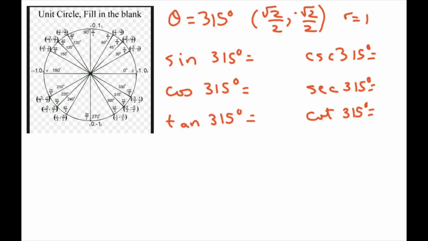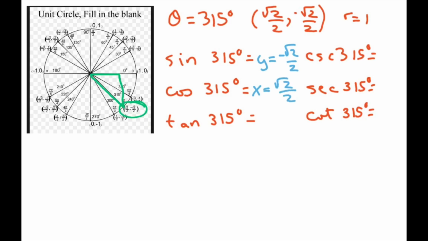And the last one we have is the 315, which is here. Okay, draw it up to the x-axis. Make your triangle. There's your values. And we're just going to pull out the y, which is negative square root of 2 divided by 2. Pull out the x, which is square root of 2 over 2.